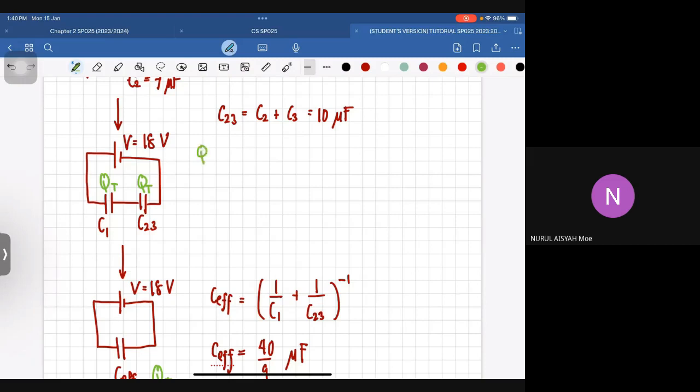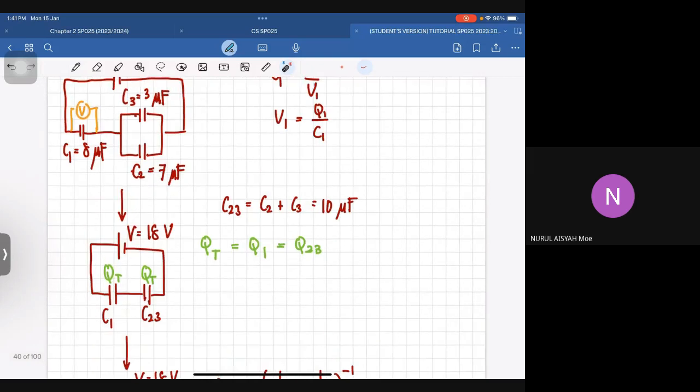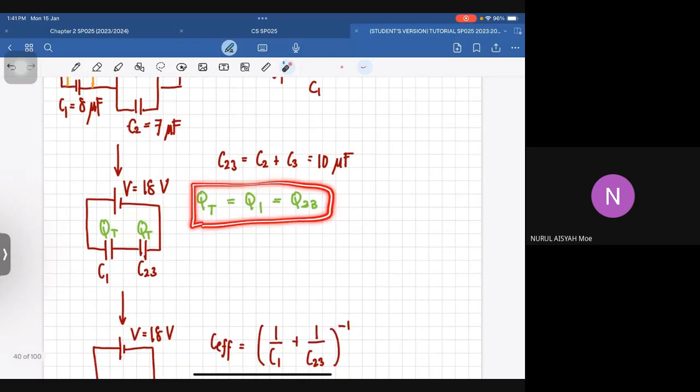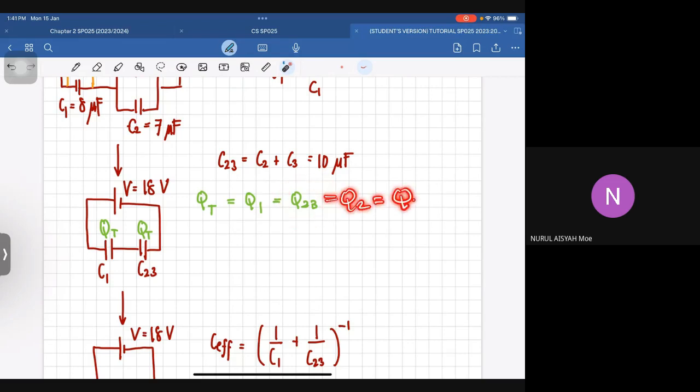So yang ini Qt, which is the total charge, is equal to the charge across capacitor 1 and across capacitor 2 and 3 in combination, Q2,3. Kamu tiap boleh cakap dia akan equal to Q2 dengan Q3. Salah, sebab yang ini in parallel. This characteristic is only valid for series circuit. So that's why I have to write Q2,3 instead of Q2 equal to Q3. Ingat this is for series circuit only.